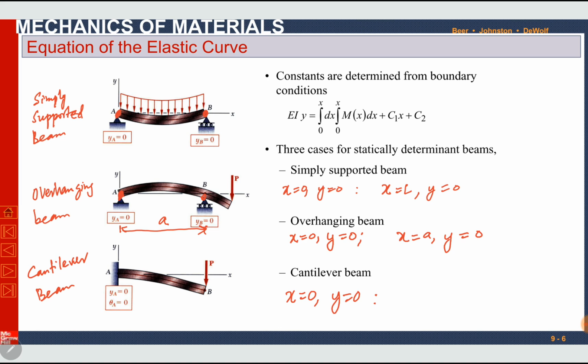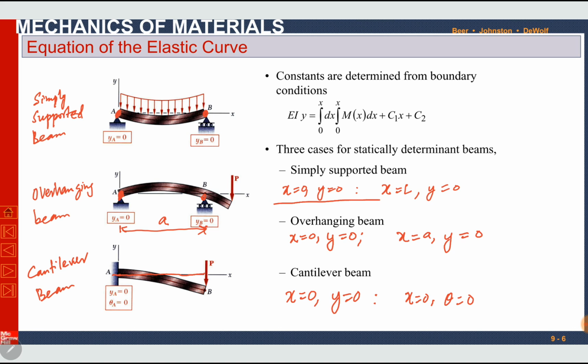But at fixed support, if we draw a tangent line to this curve, this tangent line has zero slope. So we can also say at x equal to 0, slope is 0, theta is 0. So these two boundary conditions can be used to find the two unknowns C1 and C2.